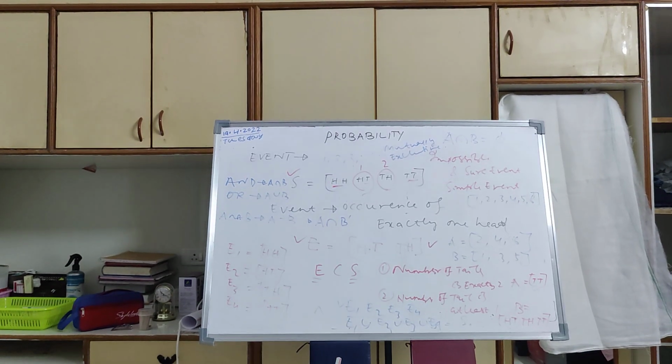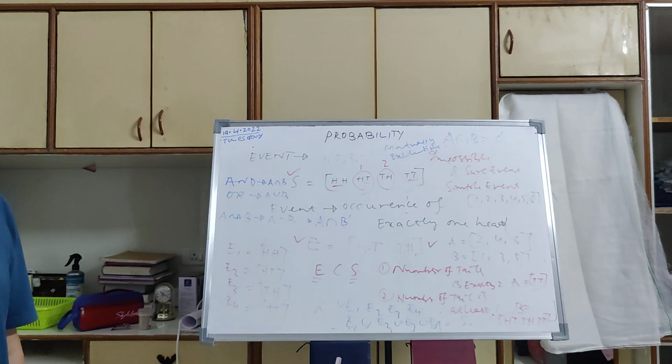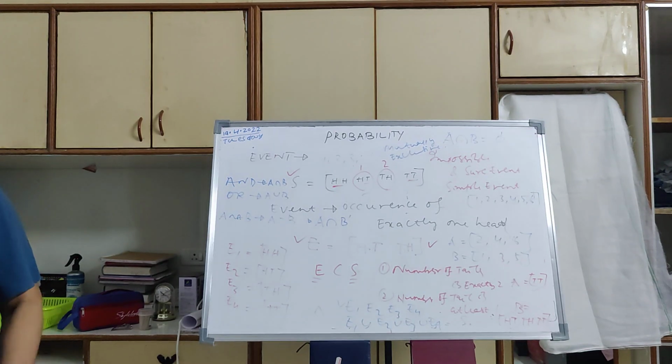How many items are there in the event? Only 1. So 1 by 6 is the probability.